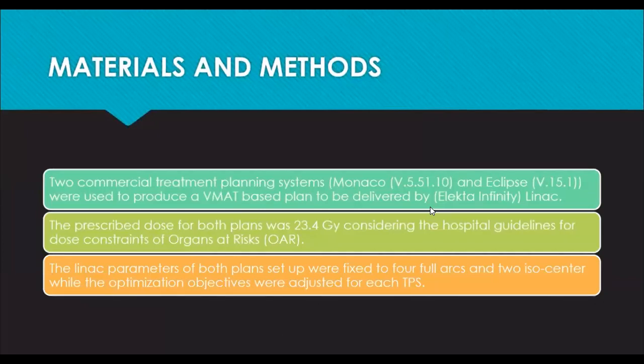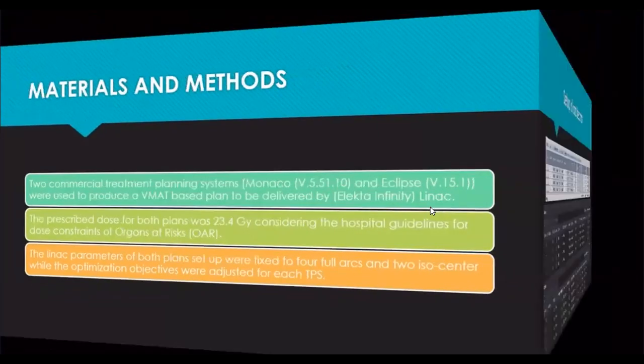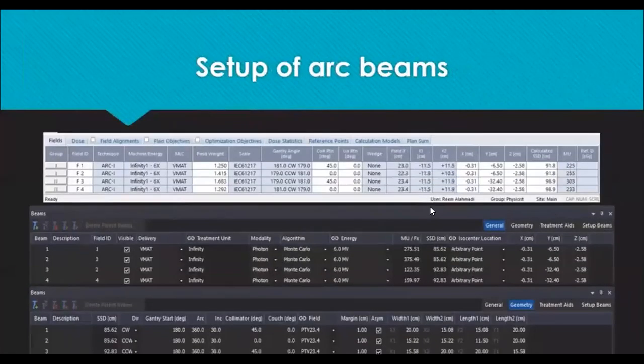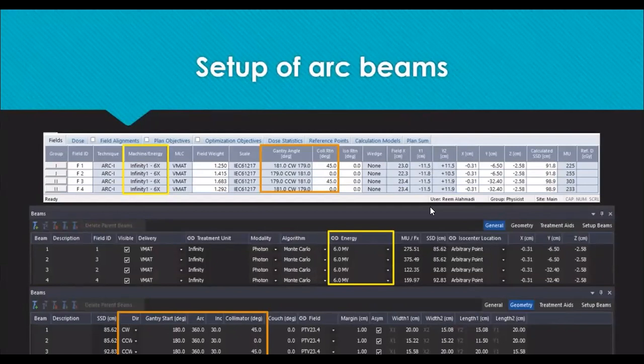The Linac parameters of both plans were fixed to be four full arcs and 2 isocenters, while the optimization objectives were adjusted for each TPS. Both plans' beam setups are identical in beam energy and in arcs direction, and also beam angle, collimator angle, and also in beam isocenter.